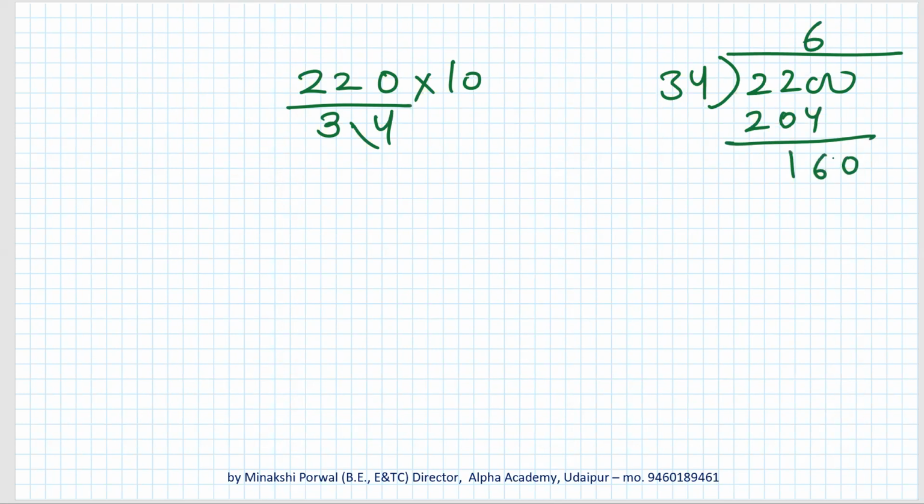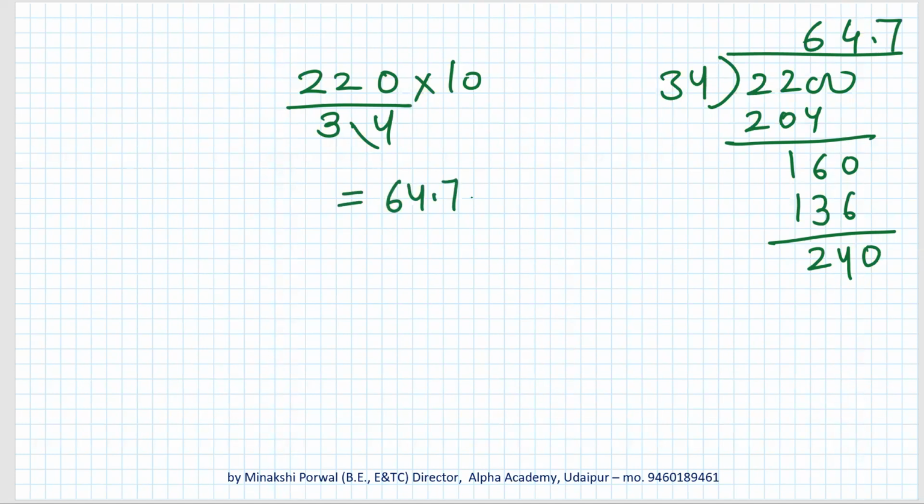Then 4 times, it is 136. This will be 24 decimal point, 240. So it will be 7 times. This way you will get 64.7 ohms.